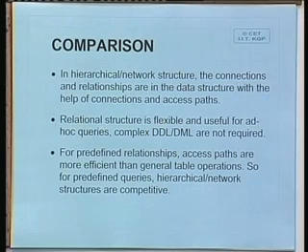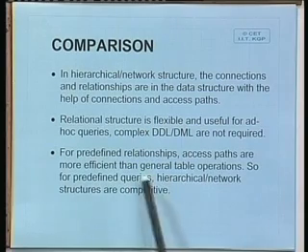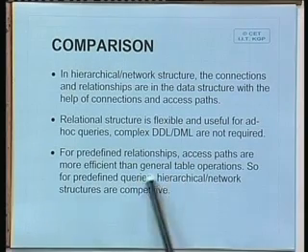The relational structure is flexible and useful for ad hoc queries. Complex DDL or DML are not required. We need not set up the access paths. For predefined relationships, access paths are more efficient than general table operations. So, these are known as the relational algebraic operations known as general table operations.